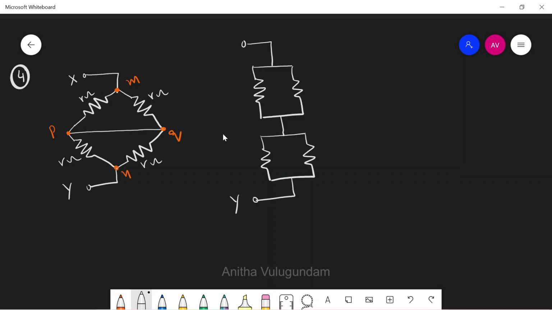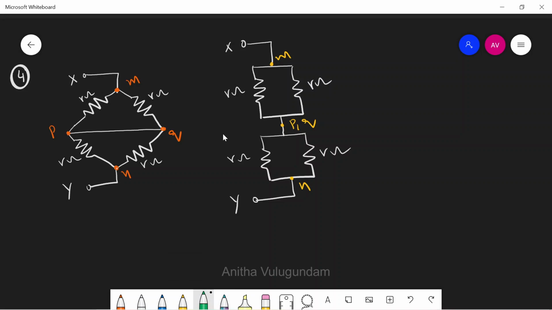This is Y terminal and this is X terminal. So this is R ohms, and this is R ohms, and this is R ohms, this is R ohms. And you can see here this node is nothing but a common node. We can write P comma Q. This is node M and this is node N.